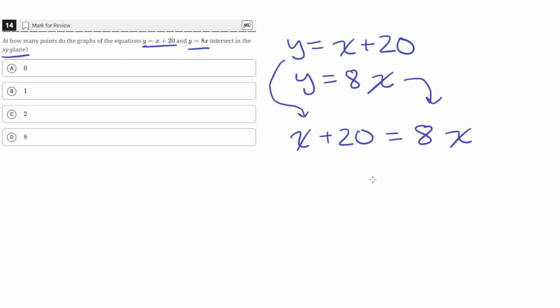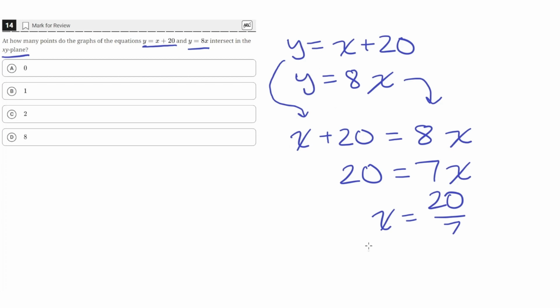And then we can solve for the value of x that makes the y values equal to each other. So we can move this x to the other side by subtracting it from both sides. So 20 equals 7x. So then x is equal to 20 over 7. So at the value x equals 20 over 7, the y values equal each other.